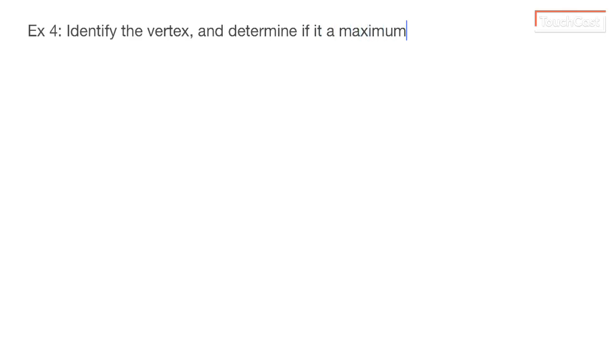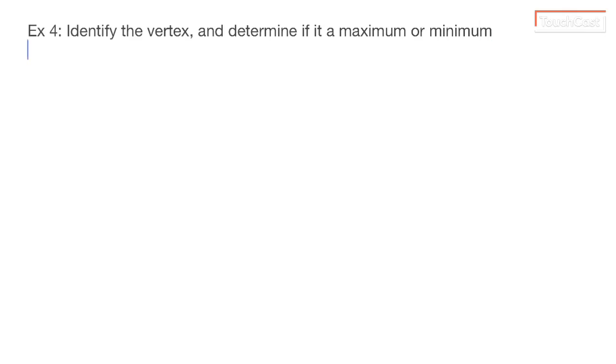So moving on to example 4, we are going to identify the vertex and determine if it is a maximum or minimum.